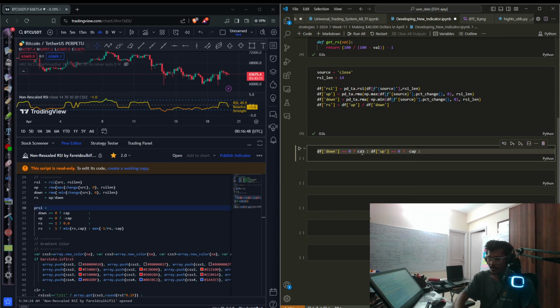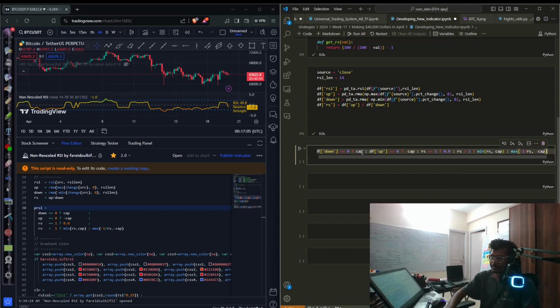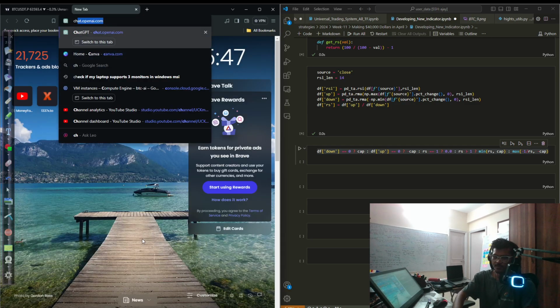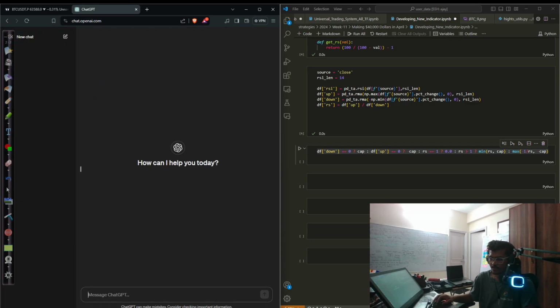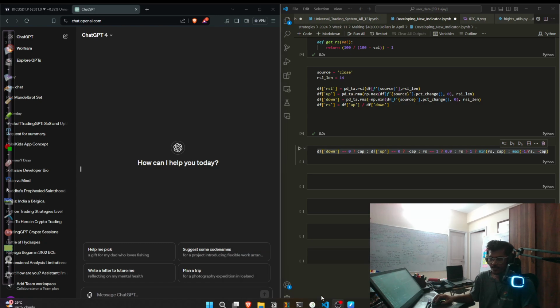Otherwise, if rs equals 1, then 0.0. Otherwise, if rs is greater than 1, then it's the mean of rs cap, or rs minus 1, rs minus cap. So I'm gonna use the help of ChatGPT, because ChatGPT is my friend.